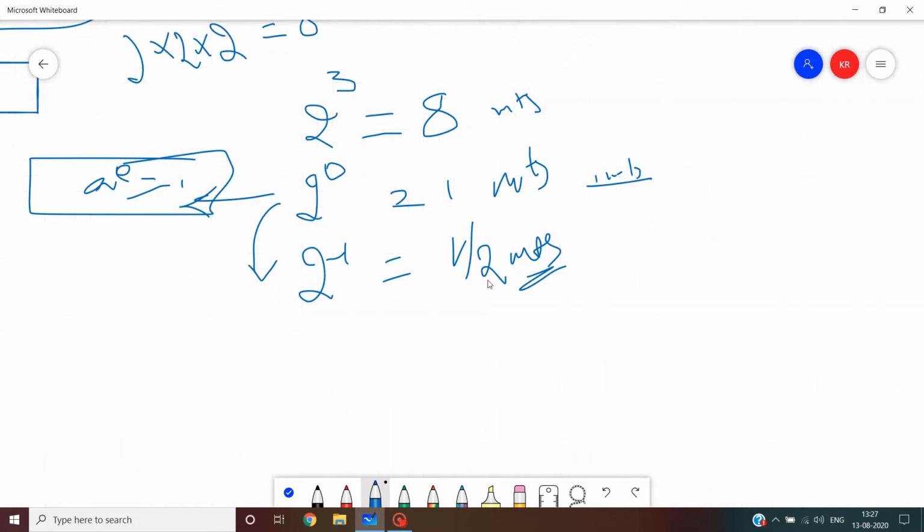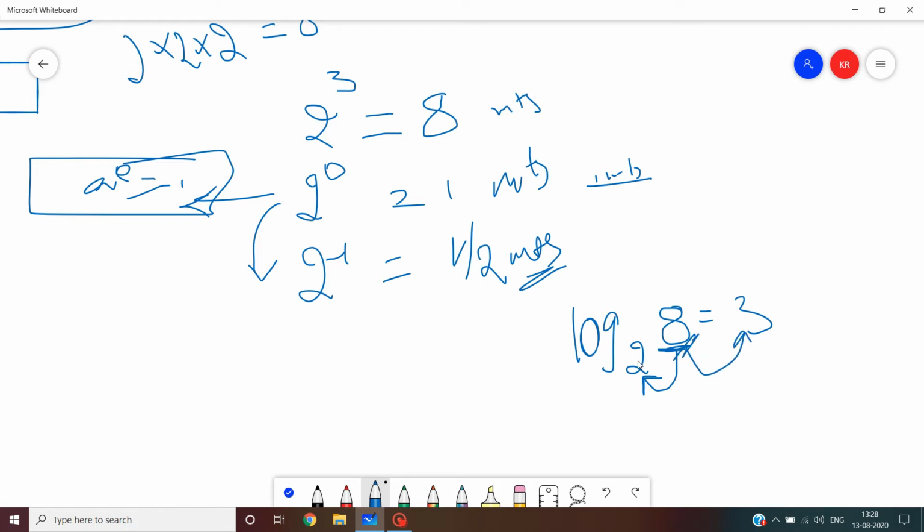Now comparing with log, I am saying log to the base 2 of 8 equals 3. Let me explain. We are getting some output with some growth rate, and 3 is how much time the process underwent to achieve the result.